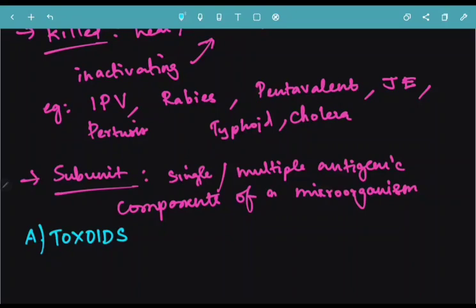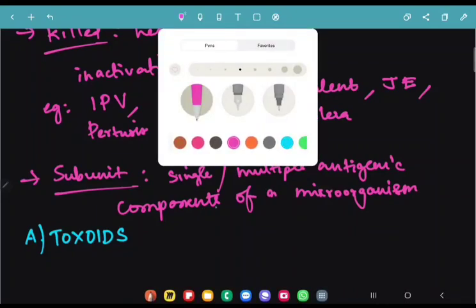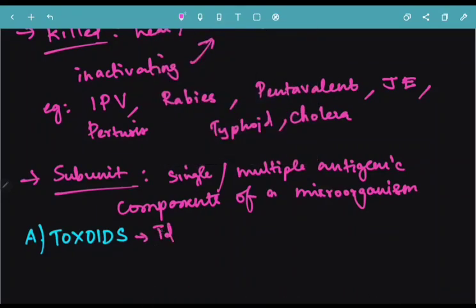In a toxoid vaccine, exotoxins from the microorganisms are taken and detoxified, and after detoxification they are injected. What is the best example for a toxoid vaccine? It is obviously your TD, the tetanus toxoid vaccine.